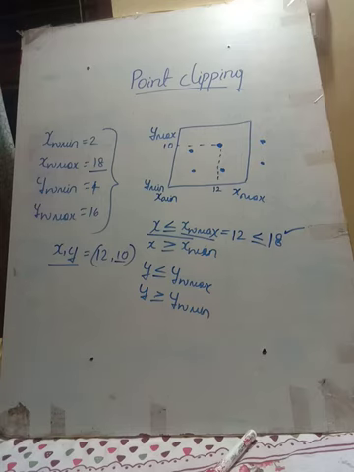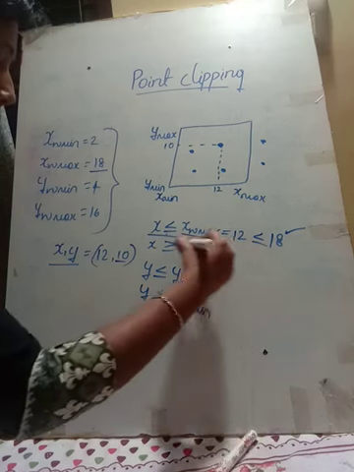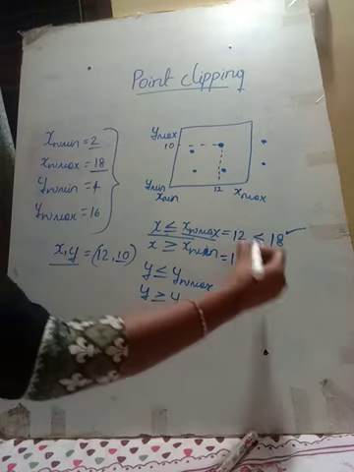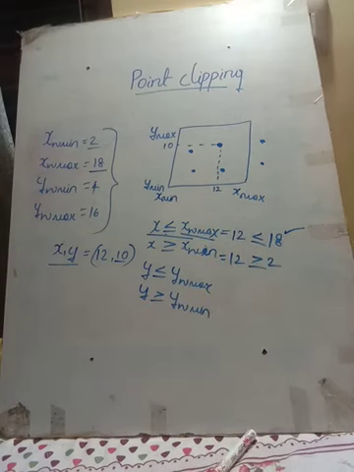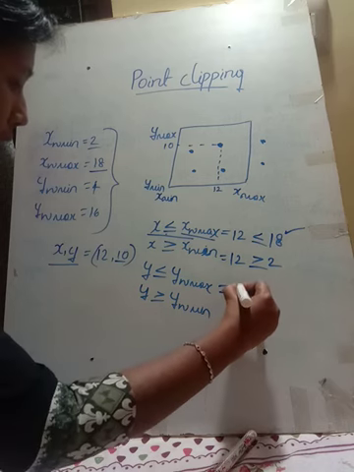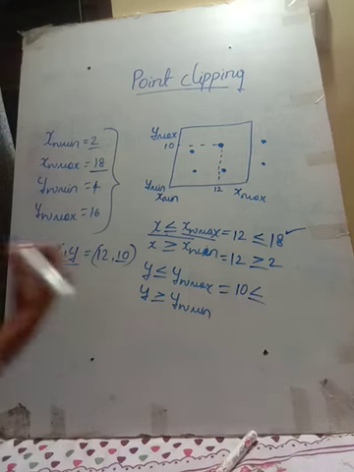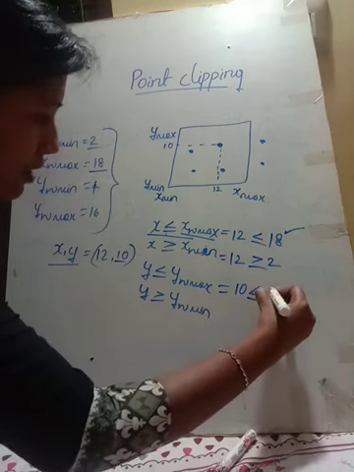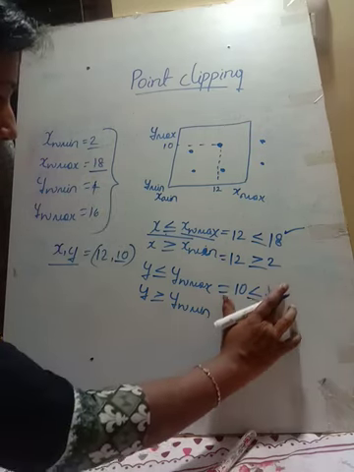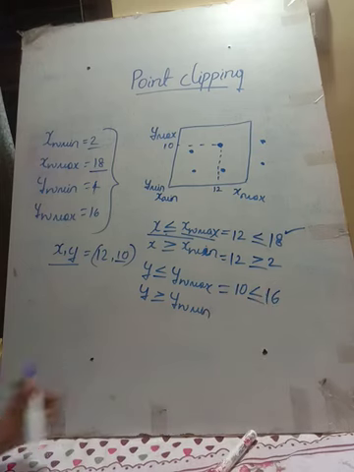Okay, y is 10. If it satisfies the first condition, again you have to check the second condition. 12 must be greater than or equal to xw min, that is 2. 12 is greater than or equal to 2, within the boundary, so we can consider that. Next one, y. Y is 10. yw max is 16.